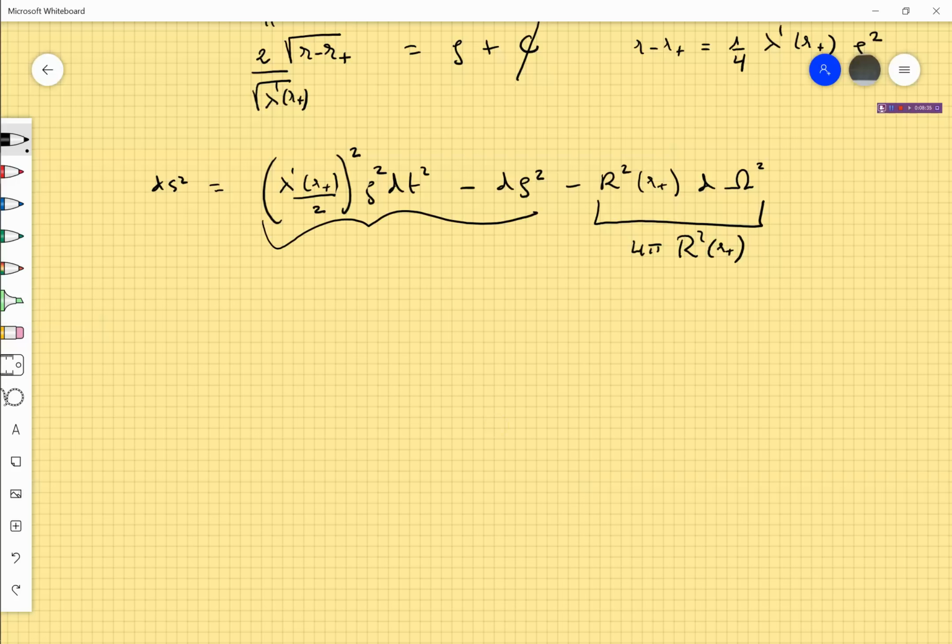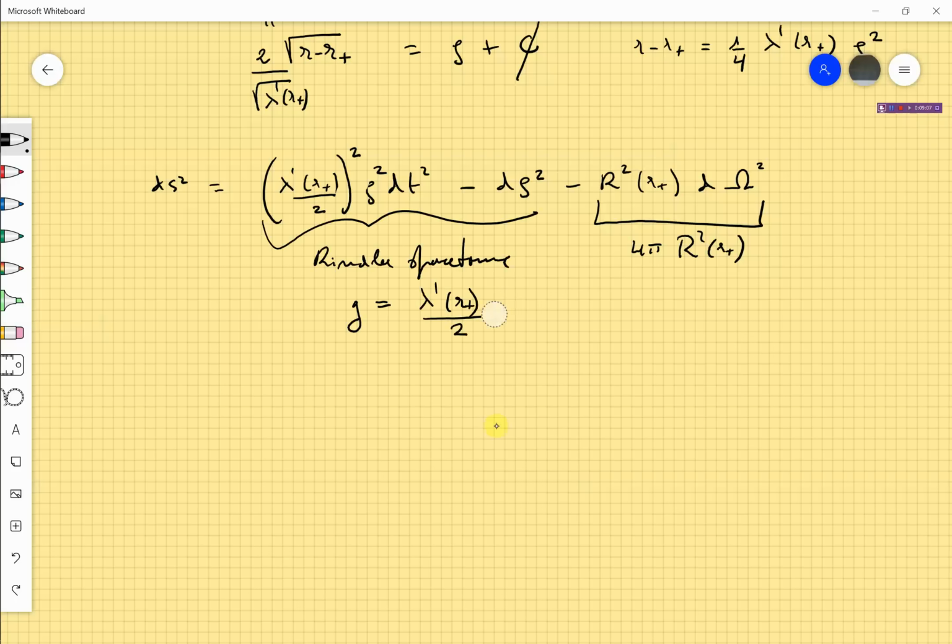if you remember one of the older lectures, this is nothing but Rindler spacetime, which is just a piece of Minkowski. Okay, and you compare this metric with the metric of Rindler, you find that the acceleration, the parameter that gives you the acceleration here, is lambda prime evaluated at r plus divided by 2.